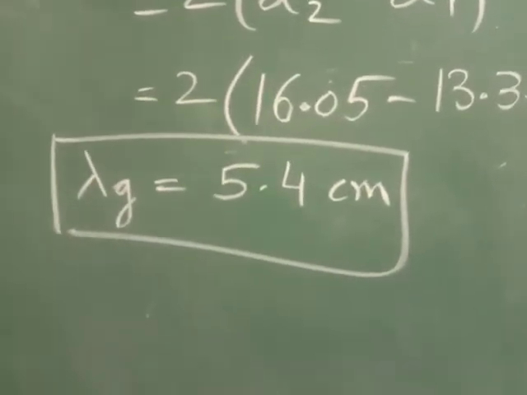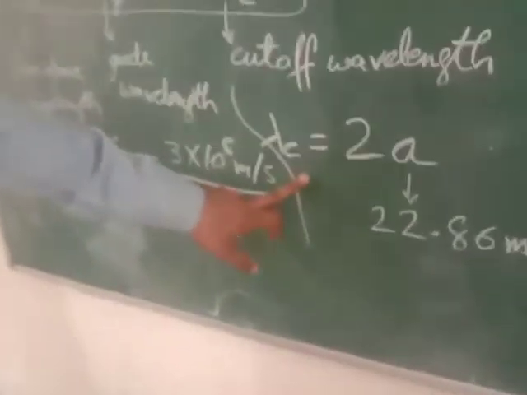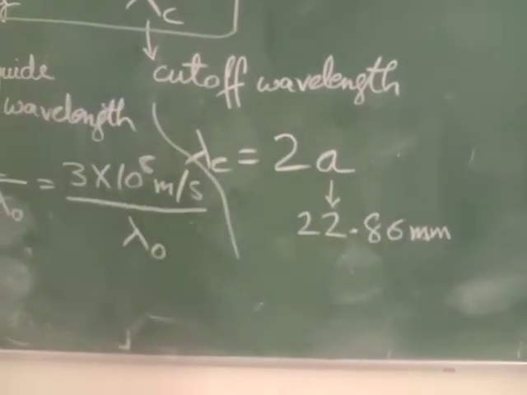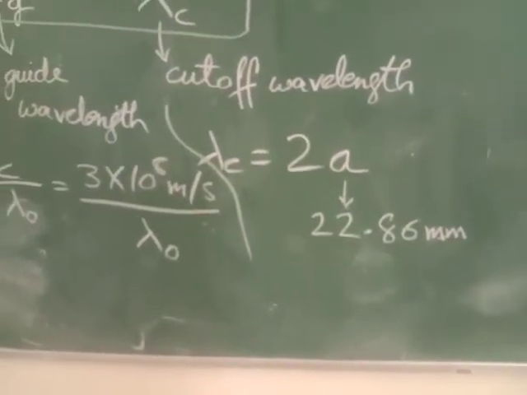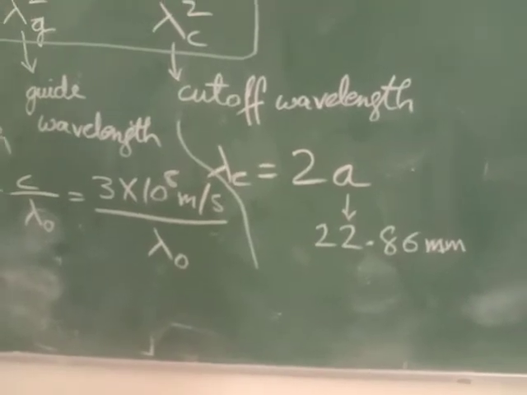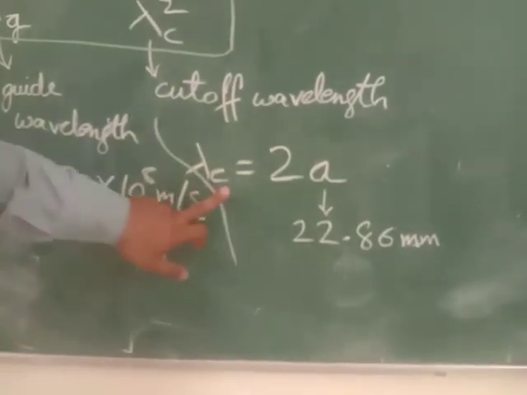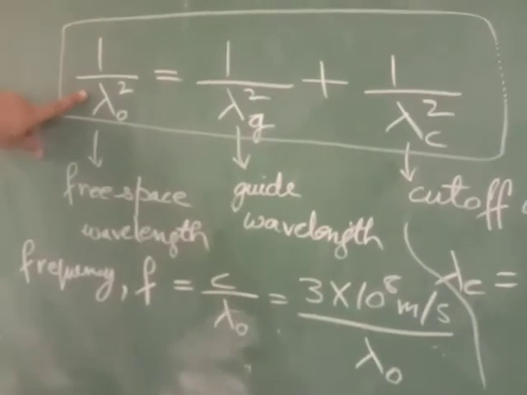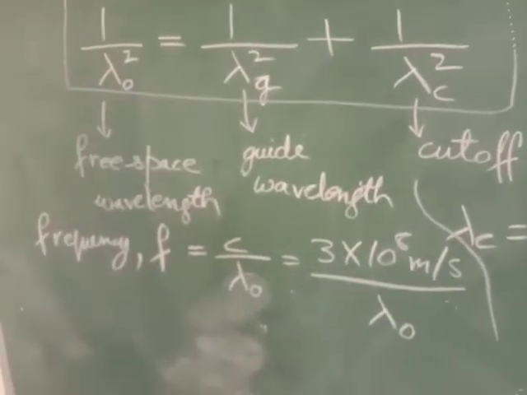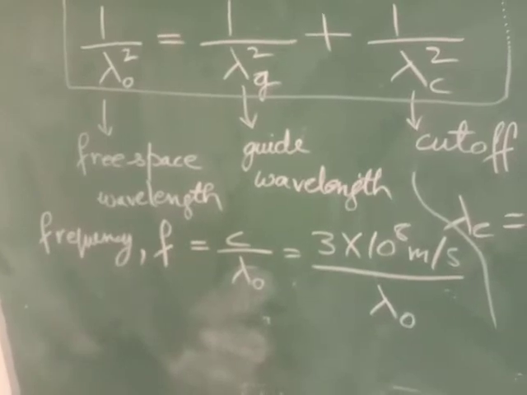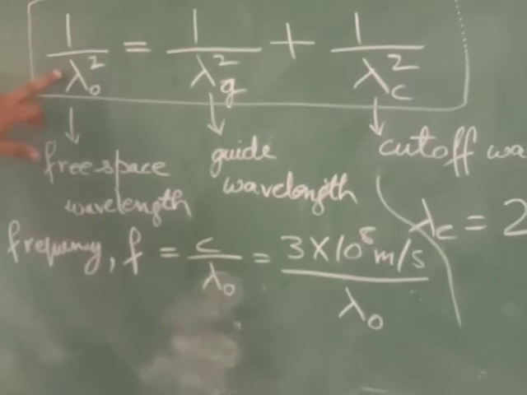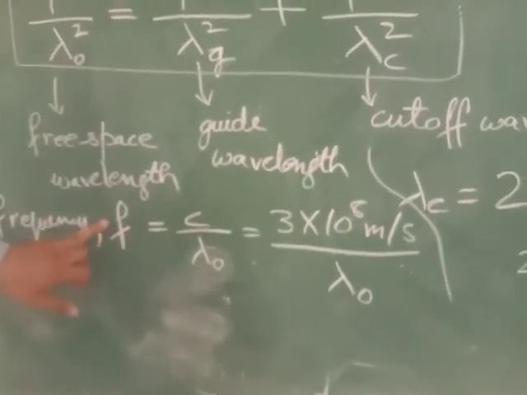Also we have the value of lambda c as 2 into a, where a is 22.86 millimeter. From here we will calculate the value of lambda c. We got the value of lambda g, and finally from this formula we can calculate the value of lambda naught, that is the free space wavelength. When we get the value of lambda naught, we can calculate the frequency of the signal.